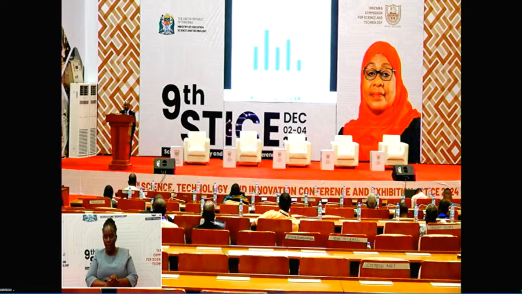You can see in this graph the 33% with very high potential and high potential, but also the moderate potential, low potential, and no potential at all. This is the potential for commercialization.